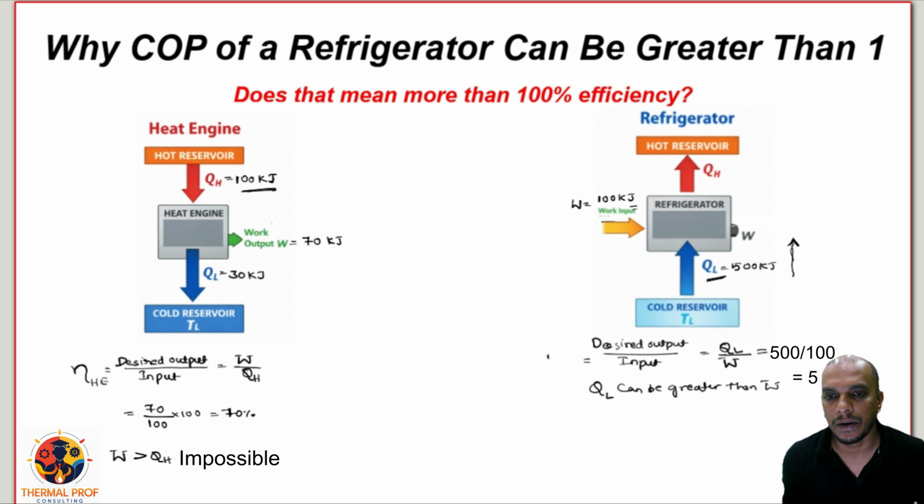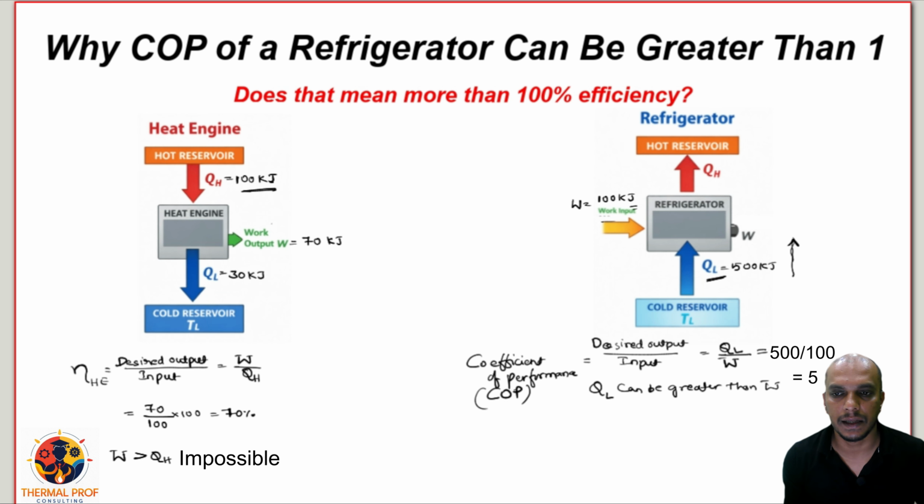So, it is very odd to use the term efficiency here, because you are not converting. And if I say something like efficiency is 500%, it looks odd. So, instead of using efficiency, we use the term coefficient of performance, which is COP. So, COP can be greater than 1.